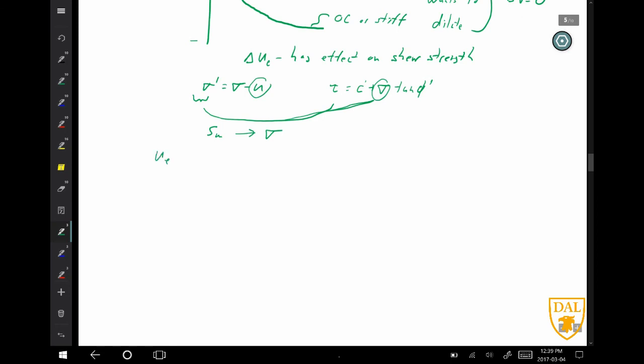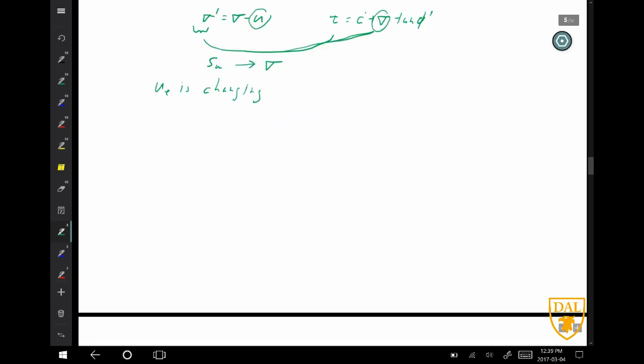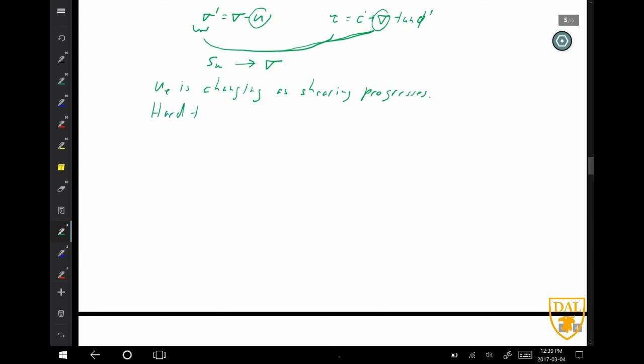So the excess pore pressure is changing. Shearing progresses. And it's hard to judge the impact on shear strength.